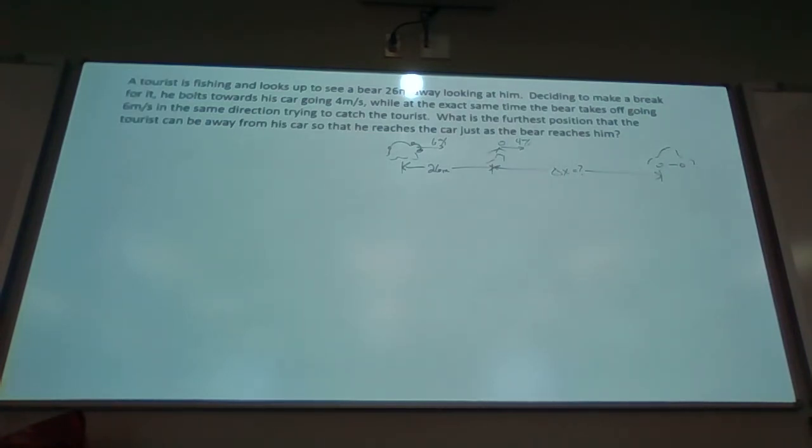So I need a set of variables and an equation for each thing moving.